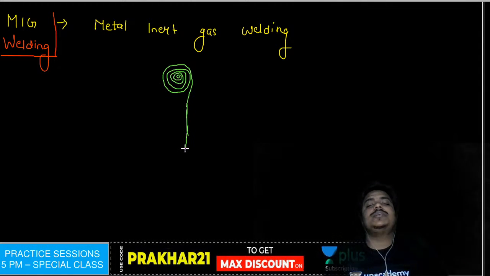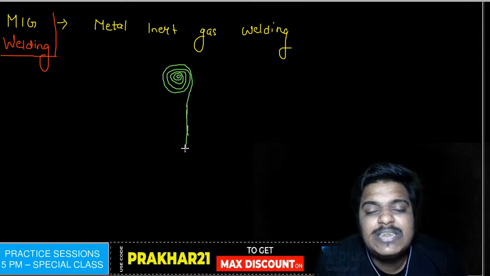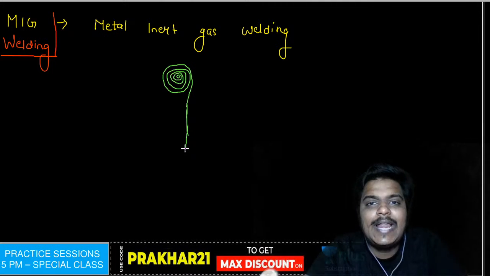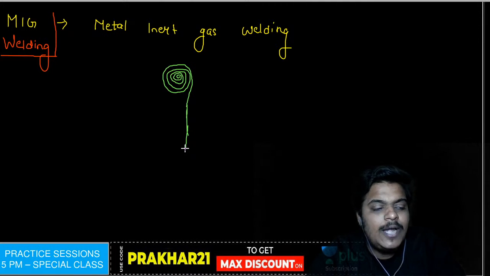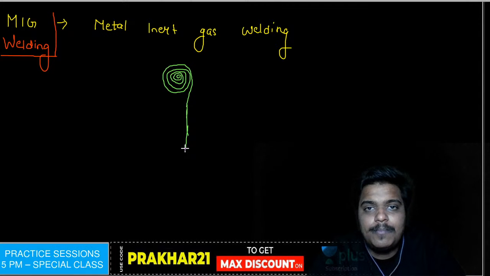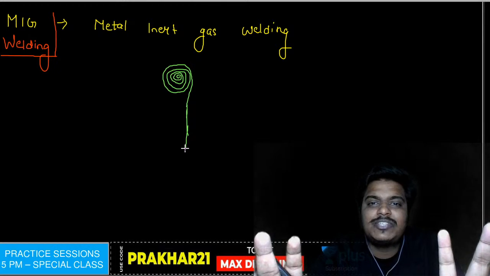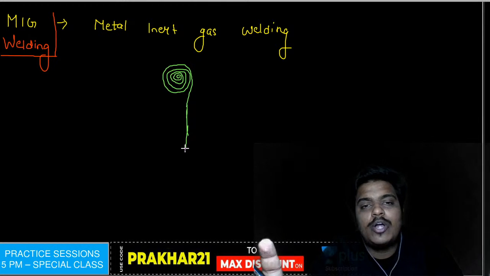Suppose it is not possible to arrange an electrode which has a high melting point. So you will use some other metal which has a low melting point. It will melt and drop into the weld pool, making the structure brittle. So that is why we cannot use tungsten.